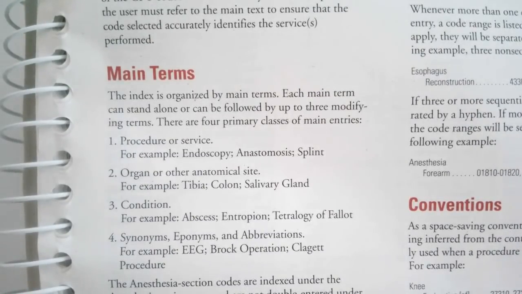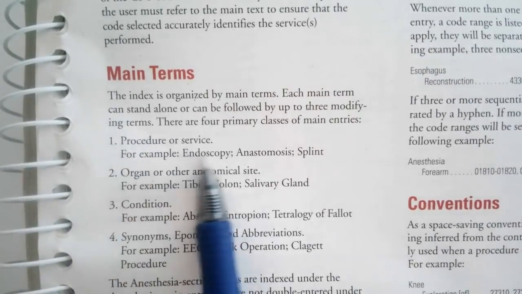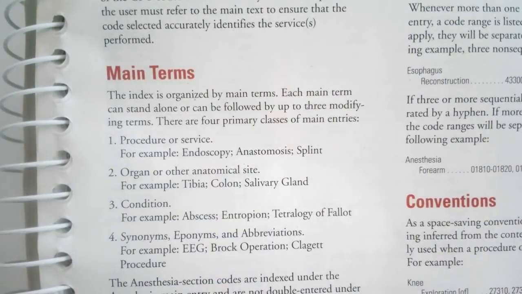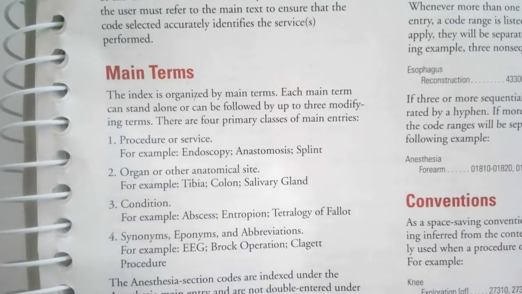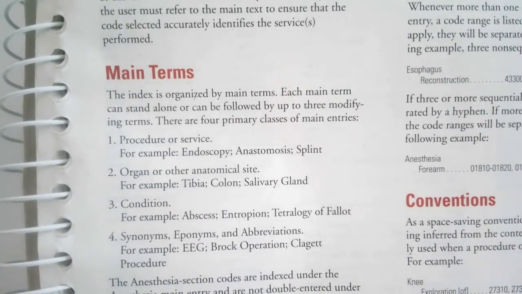Nonetheless, there are four main classes of index terms in CPT. You can look up a procedure or service. You can look up a body part. Yes, and I know you guys are thinking, well, wait a minute. In other systems, you can't look up body parts.